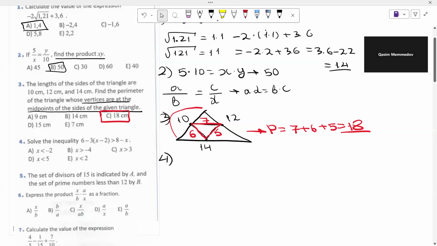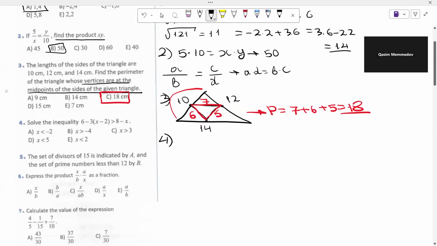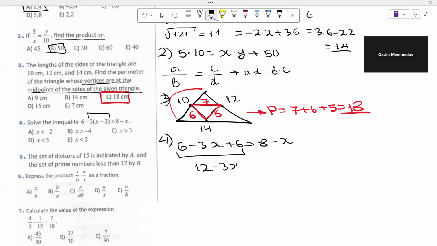Solve the inequality. Let's write here, expanding this expression: 6 minus 3x plus 6 bigger than 8 minus x. This part equals 12 minus 3x bigger than 8 minus x.